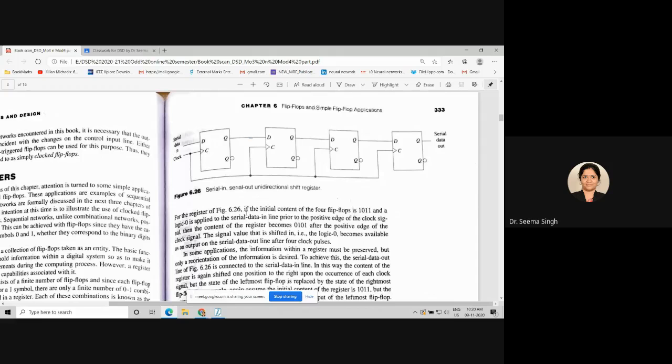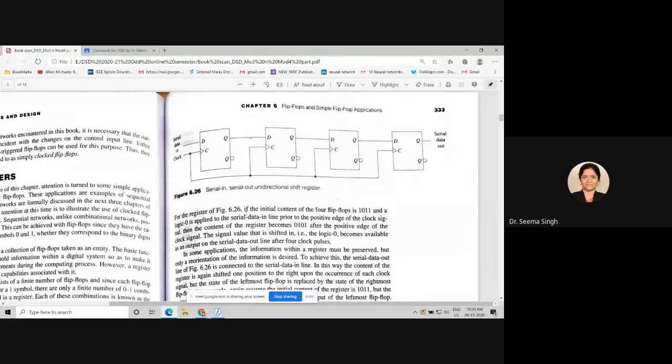So a register is simply a collection of flip flops which is taken as one entity. Okay. And it can hold information with respect to a digital system. So it can be zeros and ones, and the binary system is completely of zeros and ones only. So with the combination of these things, it becomes the state of the register, or we can call it the content of the register.